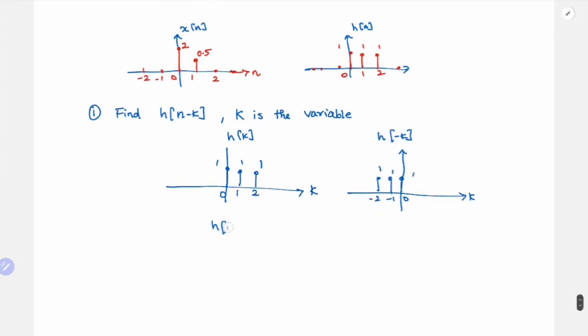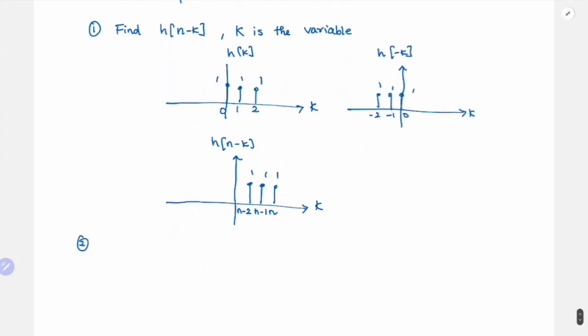And how will my h of n minus k look? It is just right shifting by n units. So 1, 1, 1, this is k. This will be n minus 2, n minus 1, and n, correct? And next what I should do?